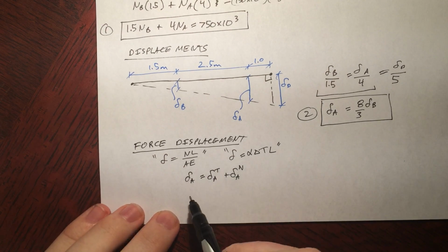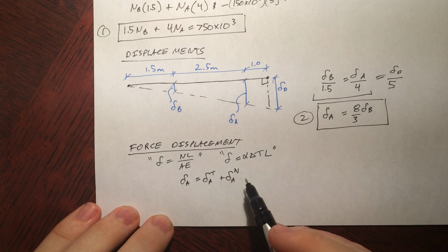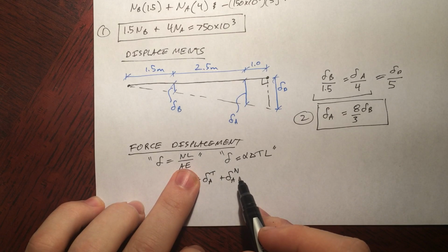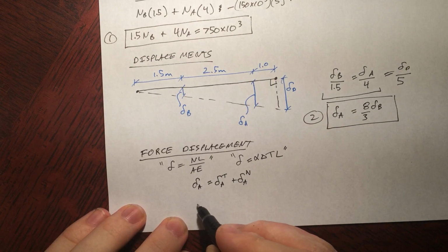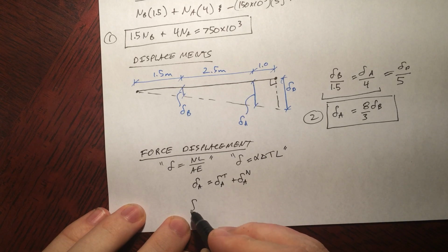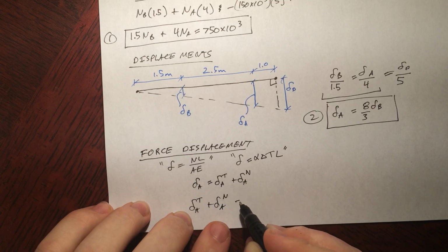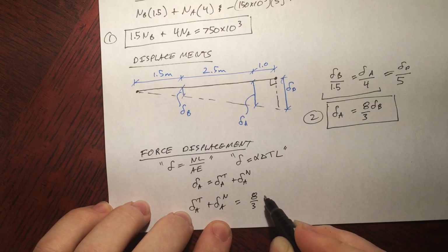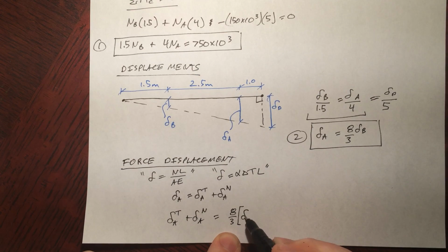So we can write this equation here in terms of each component of the displacement. So let's just do that. We can say delta A is just this, of course. Delta A temperature plus delta A normal equals 8/3 delta B. So delta B is going to be increase in temperature.